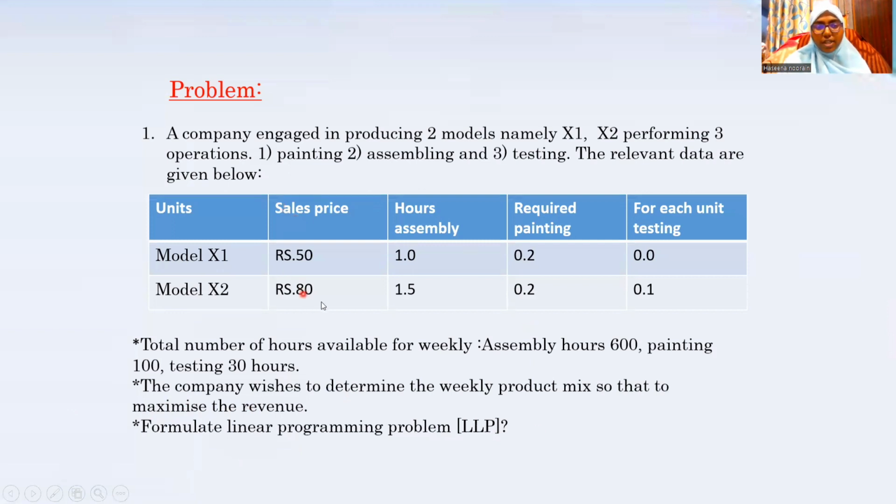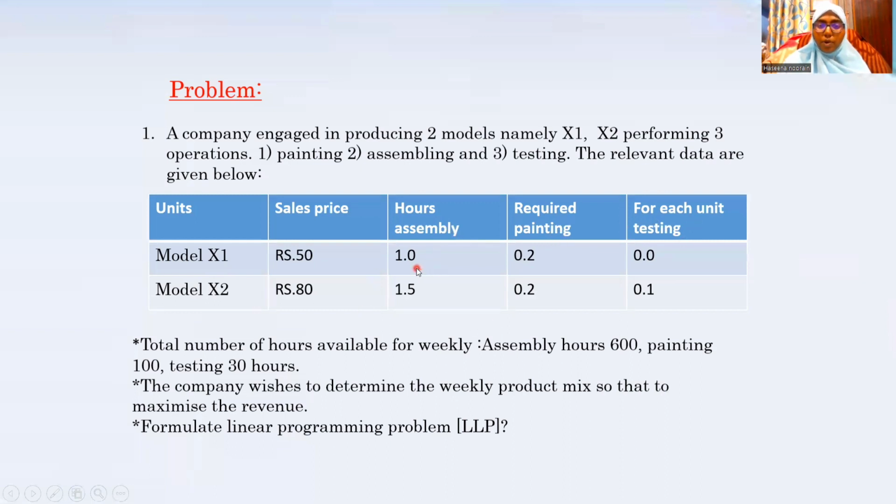If we see this problem clearly, we can understand that we have two models, x1 and x2, which will be our decision variables. We have the sales price, that is our objective function, as it says maximize. So it will be 50x1 plus 80x2. Then we have the three time constraints, which are assembly hours, painting, and testing.